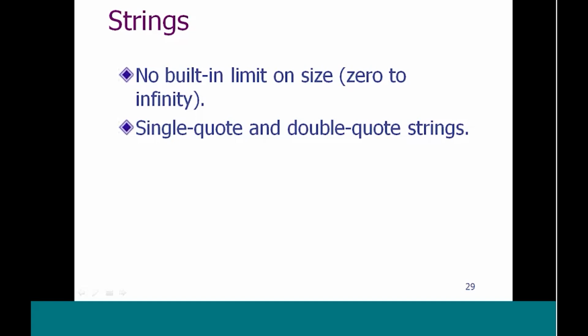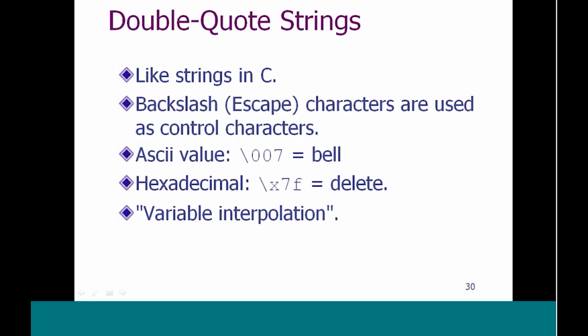Whereas in a single quoted string they're all just taken as a literal string. So even if you put a dollar something, it's the same as what it is. Again, the double quoted strings are exactly like in C. You can also use the backslash characters for escaping the control characters.